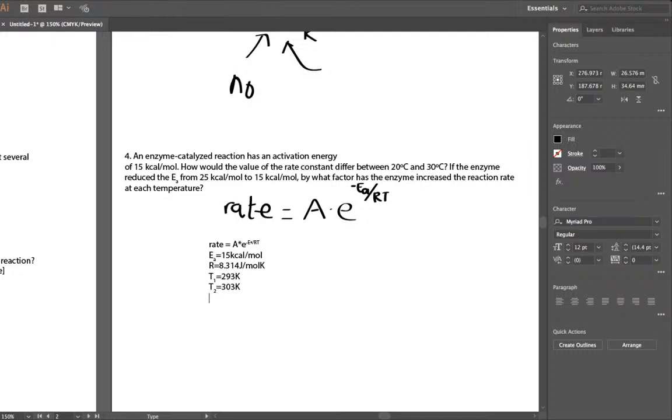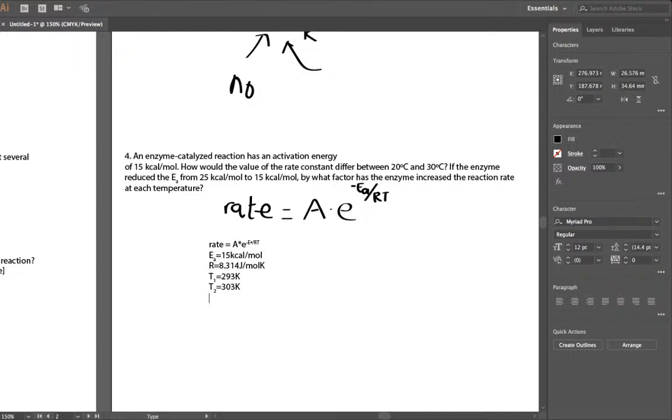On this theory, if the temperature is lower, the power would get very low, so e to that power would be very near zero, and the rate would be low as well.